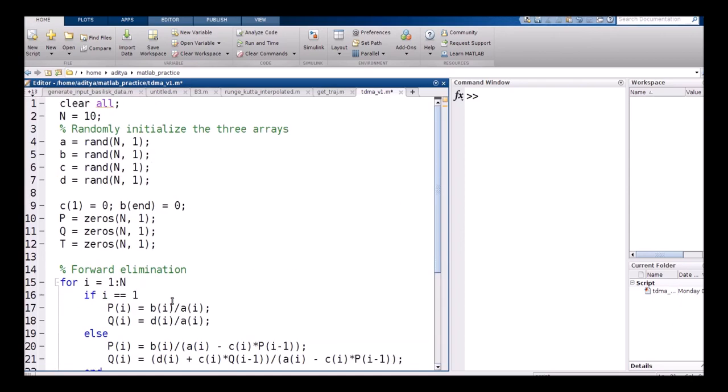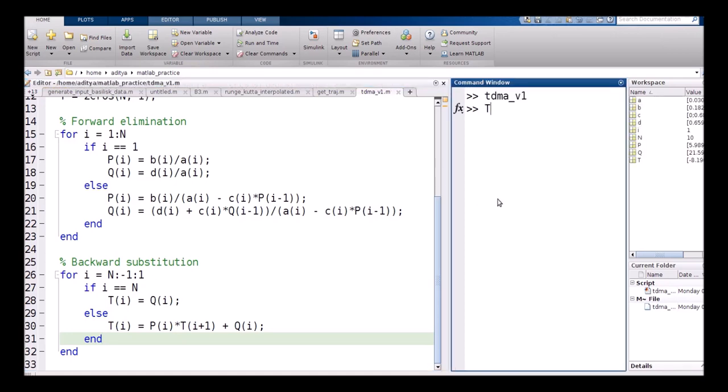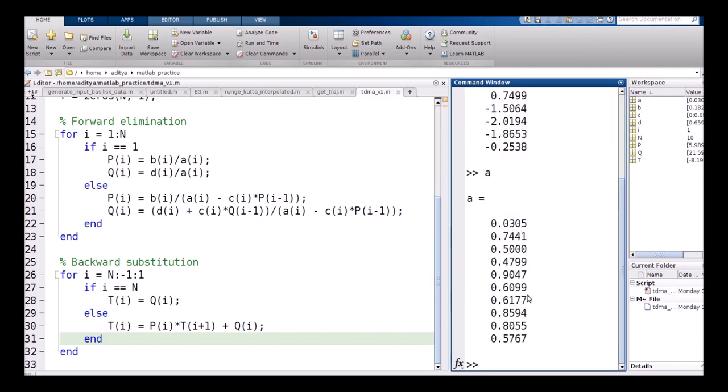So now if we run this, let us see what the values of t are. So t appears to be something like this, and of course because we've randomly initialized, let us see what a, b are, so note that bn is 0, c, note that c1 is 0, and all these things are, so p and q are just found out.